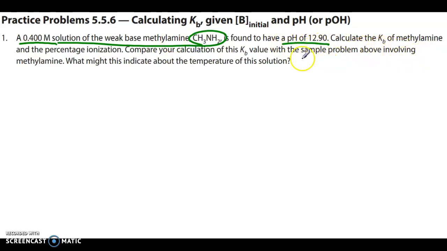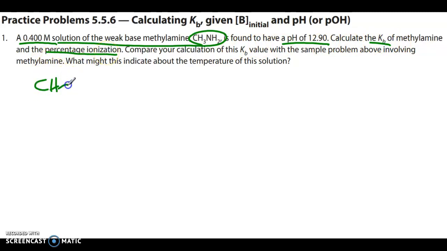Calculate the Kb of methylamine and the percent ionization. Compare your calculation of this Kb value with the sample problem involving methylamine. We'll get back to the sample problem part first. Let's calculate the Kb and the percent ionization first.